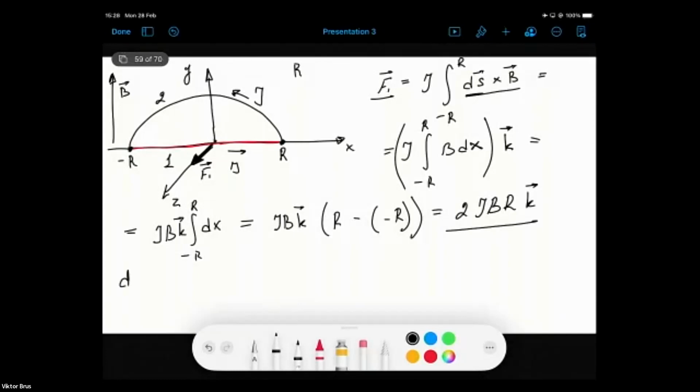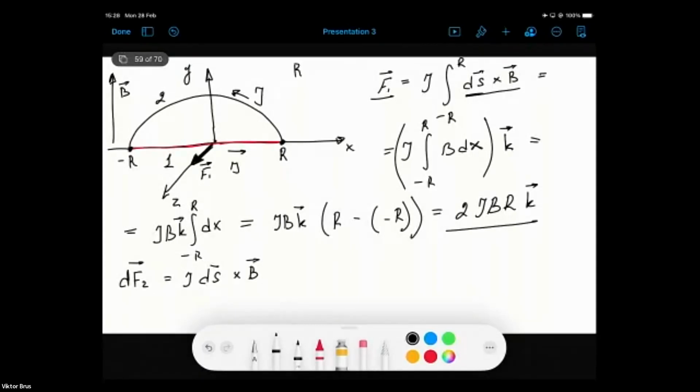Some small force dF2 exerted on a segment of conductor number 2 can be given as I times ds vector cross product b vector.